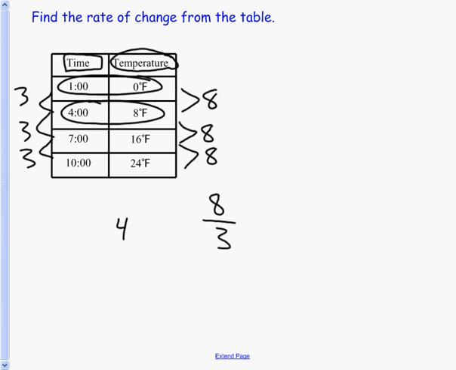Remember, 4 is on bottom, so we write 4 minus 1 over 8 minus 0. 8 minus 0 is 8, 4 minus 1 equals 3. And we also like to have a label on these, but it's not needed. 8/3 is the rate of change, but I'm going to put degrees Fahrenheit per hour.